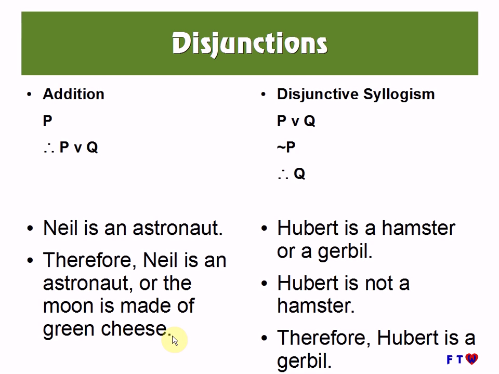And here it doesn't matter that we've added a false proposition to the original proposition here. Because the original proposition is true, the whole disjunction is true. We can add a true disjunct or a false disjunct, it doesn't matter. We could say Neil is an astronaut or Buzz is an astronaut. And that would be true as well.